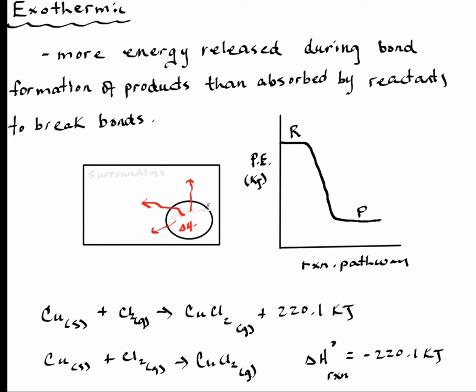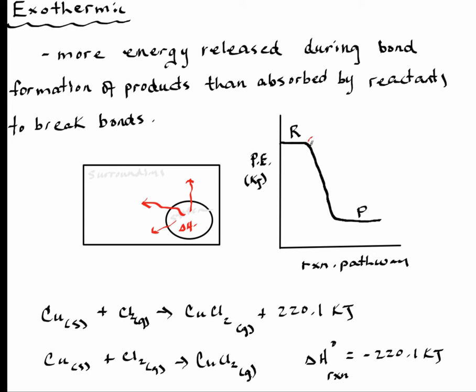Again, keep in mind the total energy here is conserved between the surroundings and the system. So another way to think about this is that your reactants are going to start at a higher potential energy in this potential energy diagram than the products will end up at. So it's going to decrease in energy.